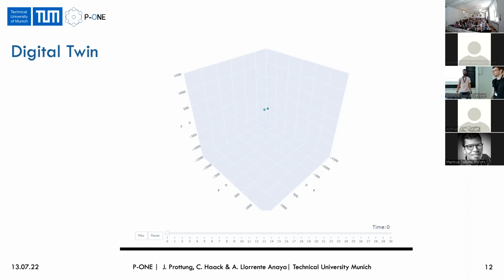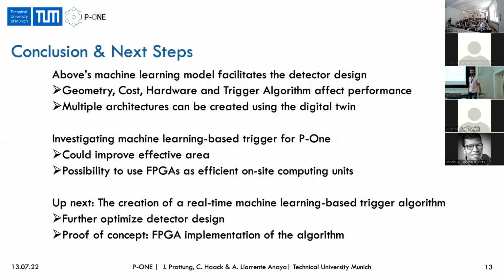And yeah, that's basically my final words for today. No, I forgot the conclusion and the next steps. So this kind of mixed me up. I said that what we are currently working on as a group is using those machine learning algorithms, the reconstruction at the end and the triggering algorithm, to optimize our detector setup.